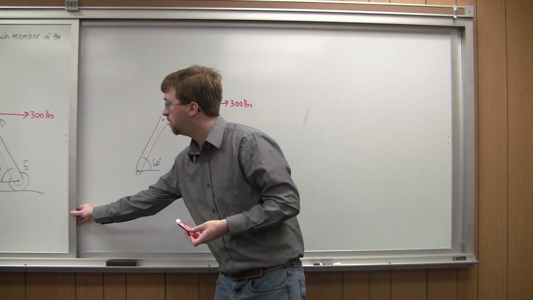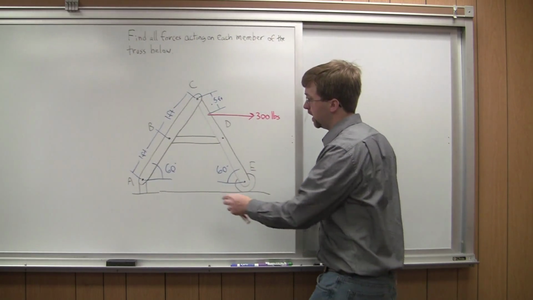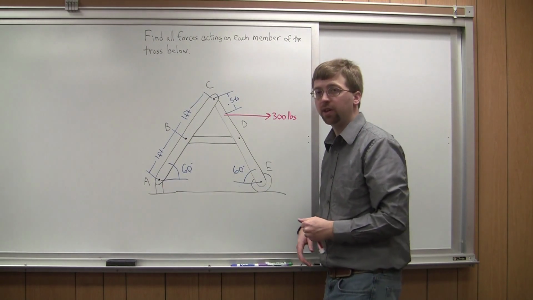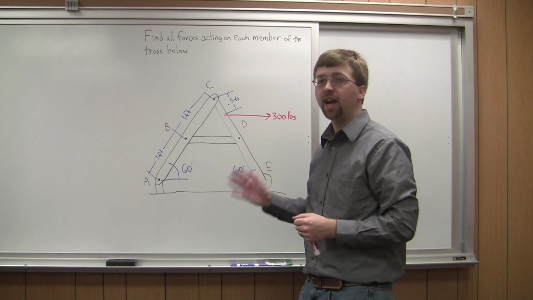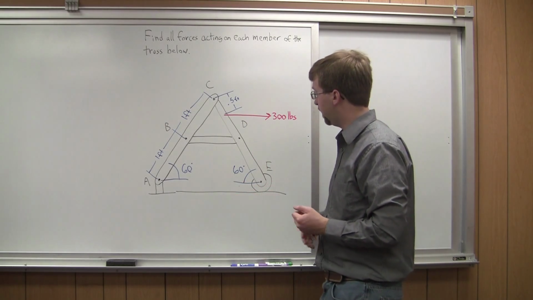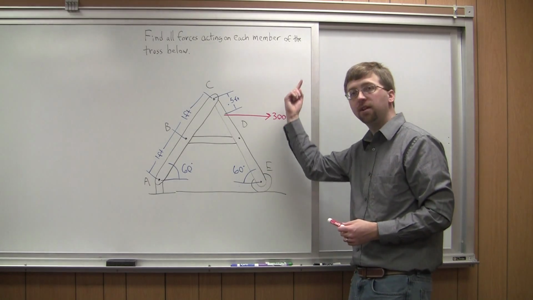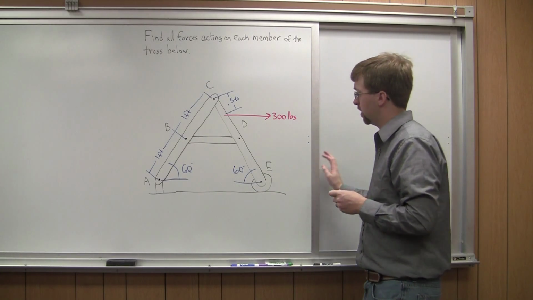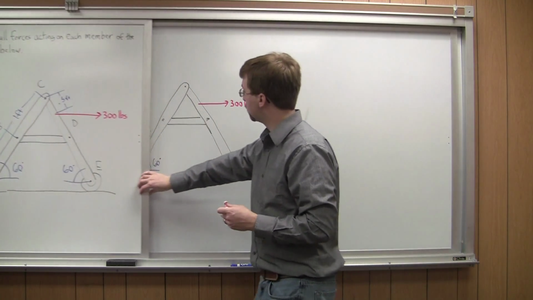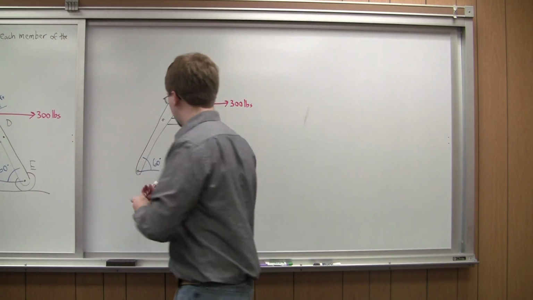Those external forces are going to be at point A, where I've got a pin joint, so I have possible forces in the X and the Y, and at point E, I've got a roller, so this can roll back and forth, but I'm going to have a force in the Y direction. Let's draw in our forces.